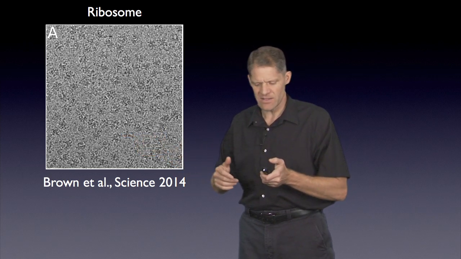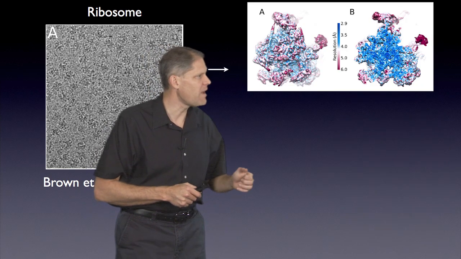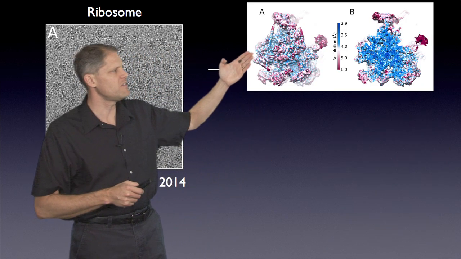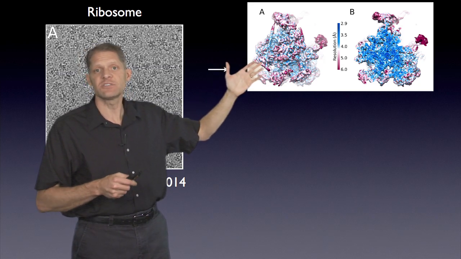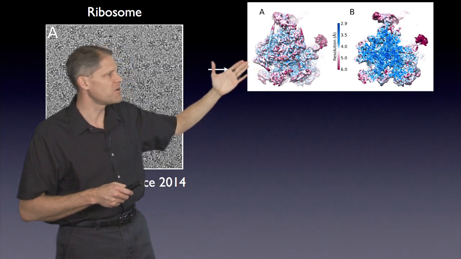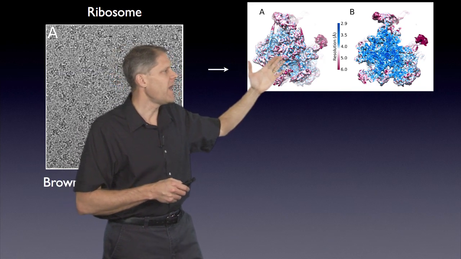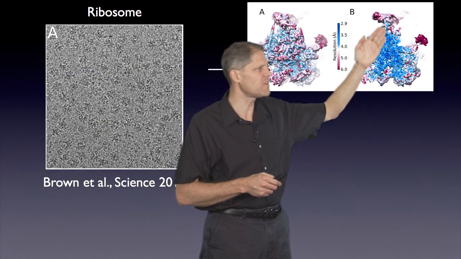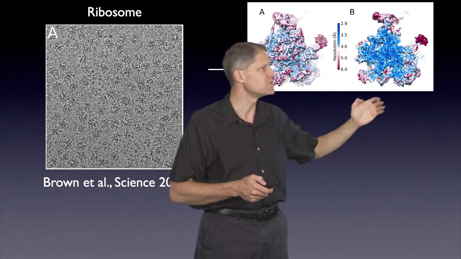And by finding their relative angles and averaging together, a high-resolution map was produced of these ribosome particles, at least the large subunit. So here's a view of the outside of the particle, color-coded by resolution obtained in different regions of this reconstruction. And then here's a cutaway view through the center of the particle, showing that also the interior structure was resolved.